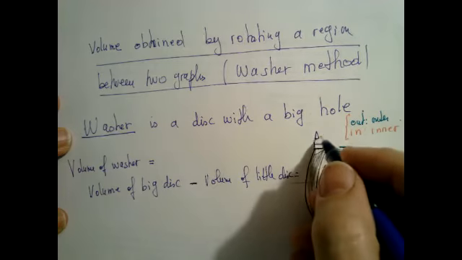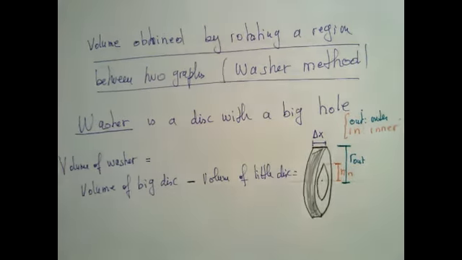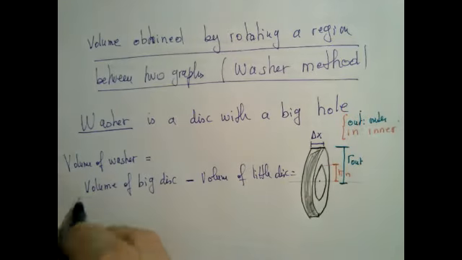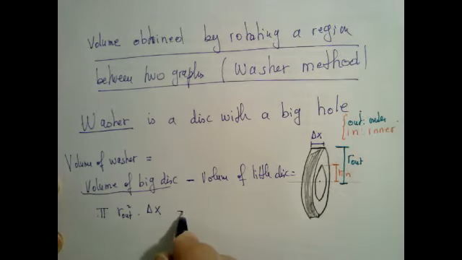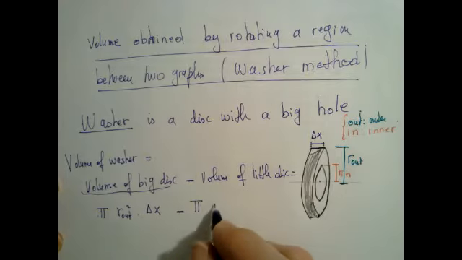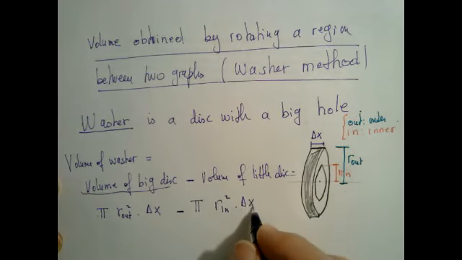So let me call it this time delta x, which is the height. The volume of the big disk is pi times the outer radius squared times delta x. The volume of the little disk is pi times the inner radius squared times delta x.